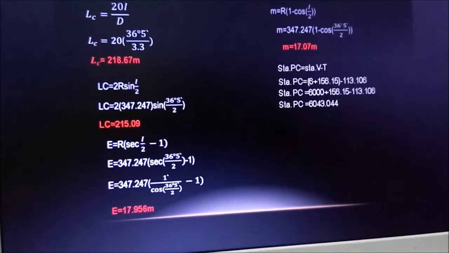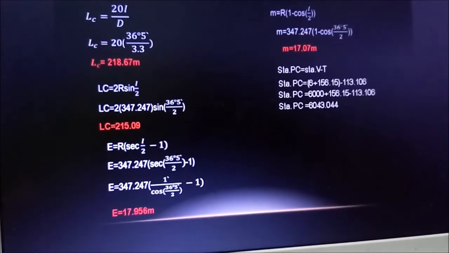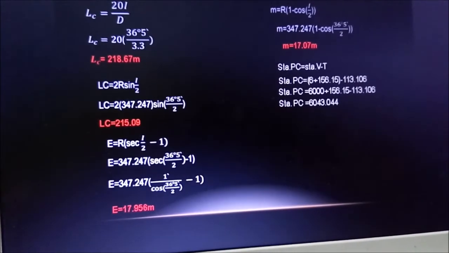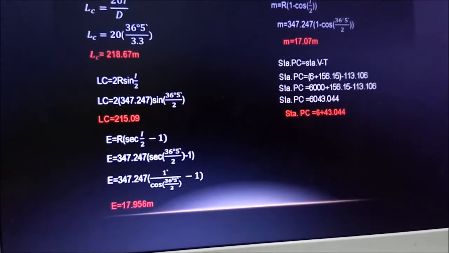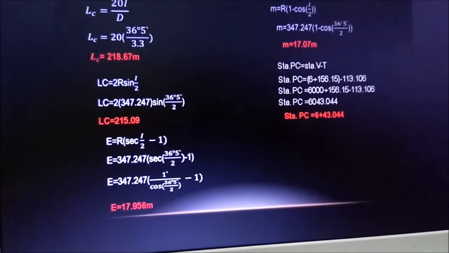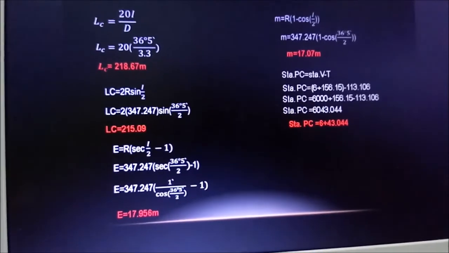So the answer is 6,043.044, or the station PC is equal to 6 plus 43.044.